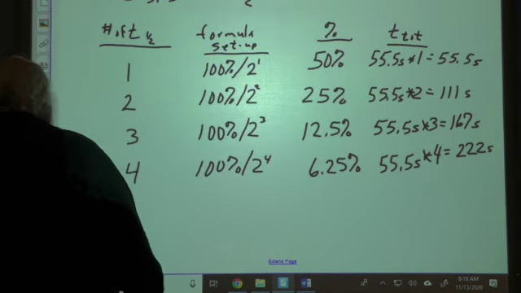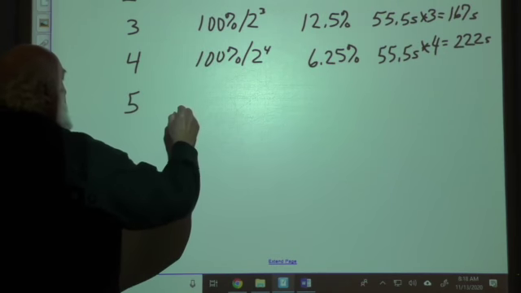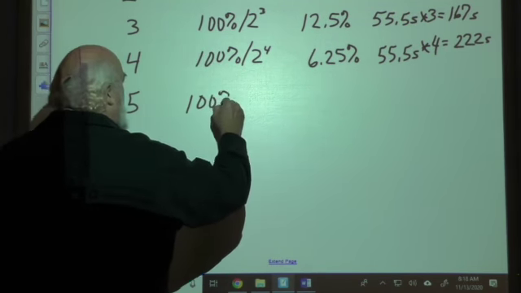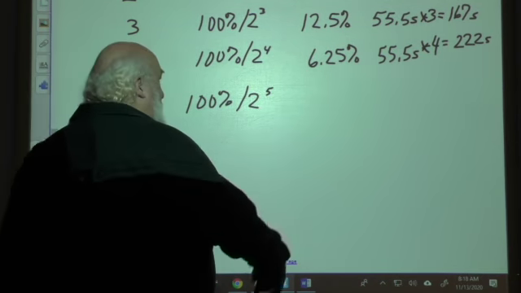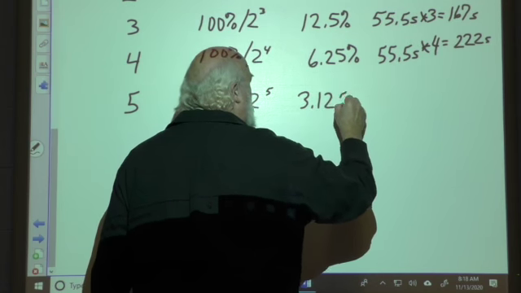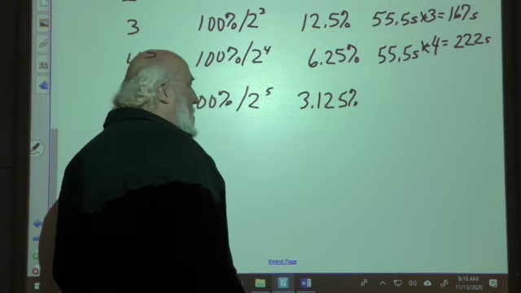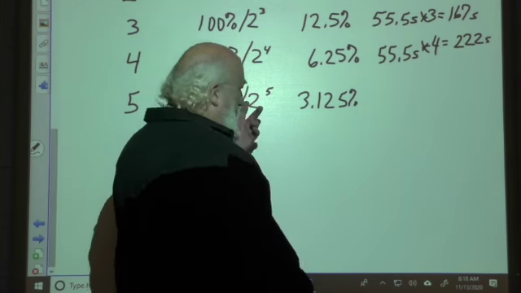And then the last one we're going to do is for the fifth half-life. This is 100% divided by 2 to the fifth power. Divide that out in your calculator, and you get 3.125%, which is technically 1/32, because that's 32.